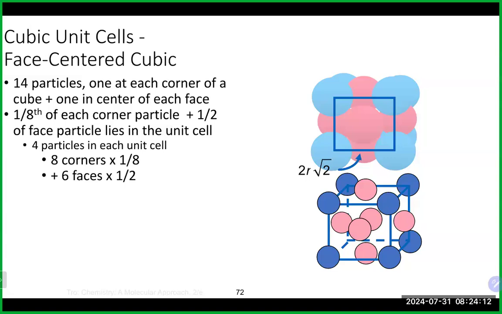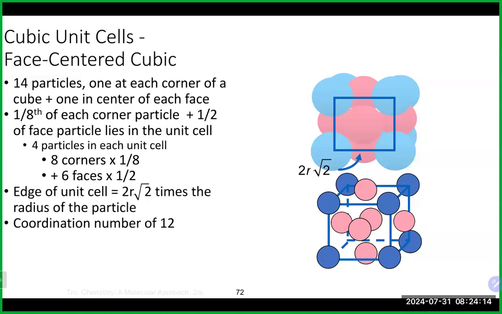Lastly, the one that we're going to talk about is our face-centered. The face-centered here has a total of 4 atoms. And the reason for that is, just like the other ones, we have a whole atom from the corners: 1/8 times 8 corners gives us 1 atom.